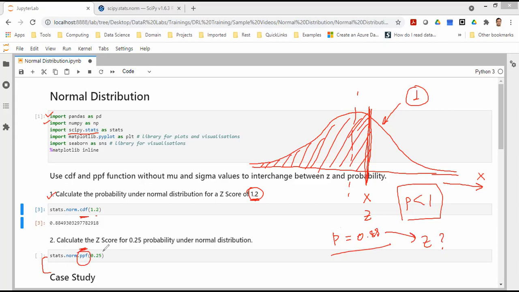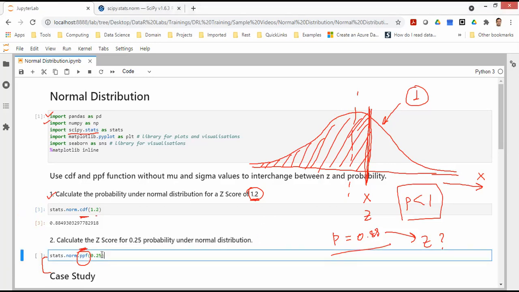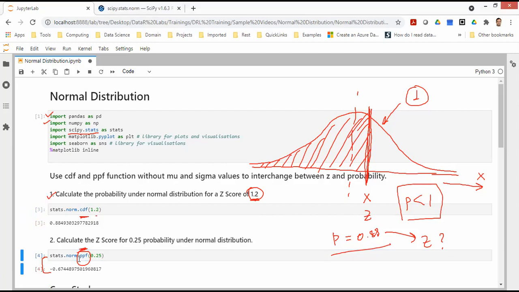Now let's use this function to calculate the z-score. So in this case, it's asking to calculate the z-score for 0.25 probability under normal distribution. So if I execute this, I get the corresponding z-score for 0.25 probability.